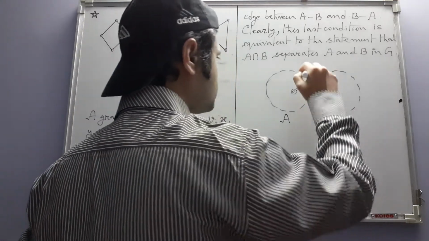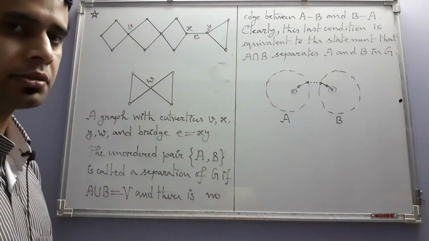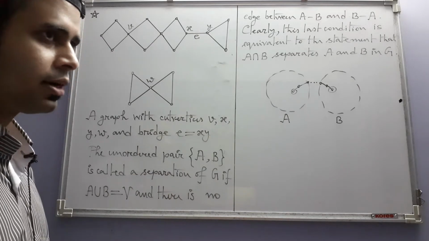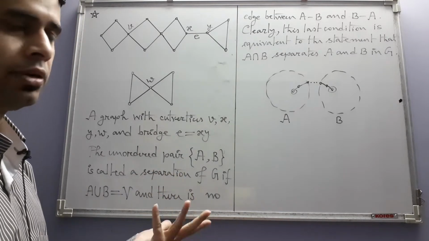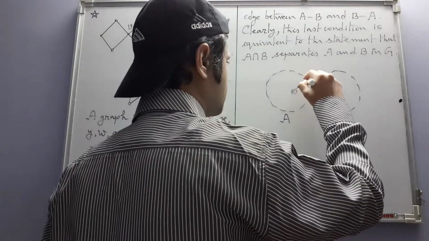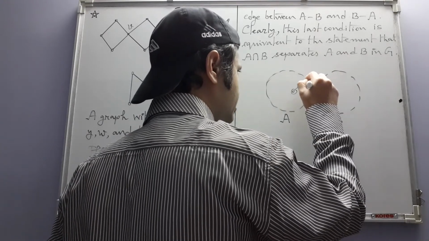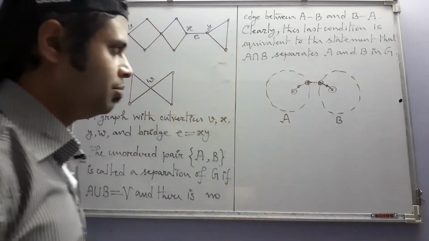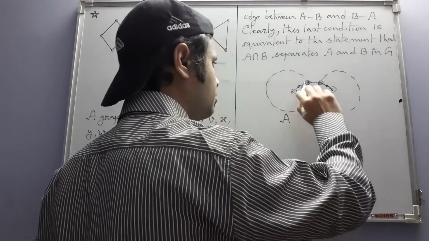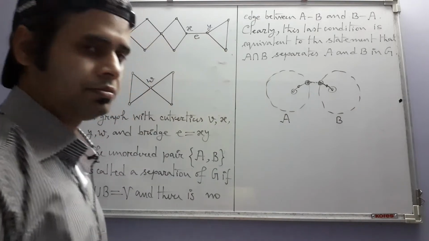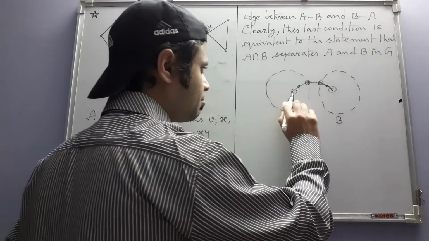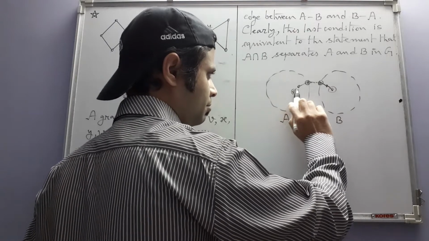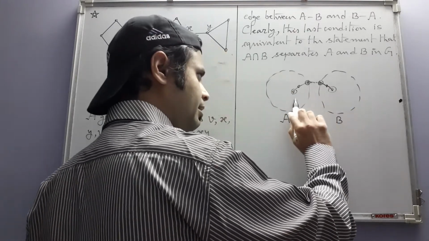So that means we can classify them into two parts depending on whether it belongs to A or it belongs to B. And in that classification you can imagine the situation that you will come across two vertices that are adjacent in this path such that one belongs to A and the other belongs to B, no matter how the path goes from A to B. Remember that although I am showing the path in a simple manner like this, it may happen that part of the path goes from a point in A to a point in B and then again comes back.